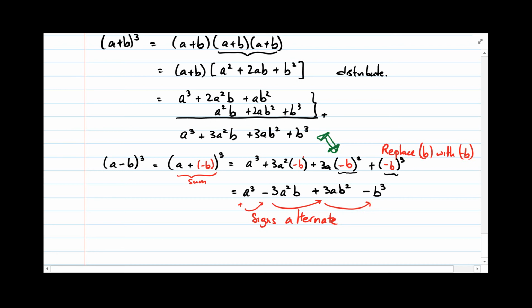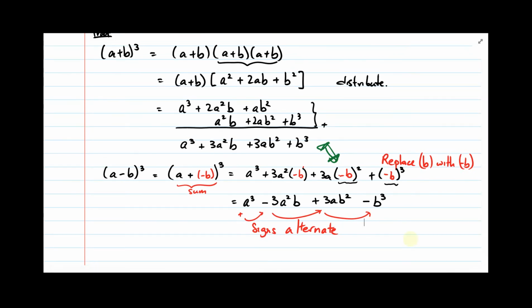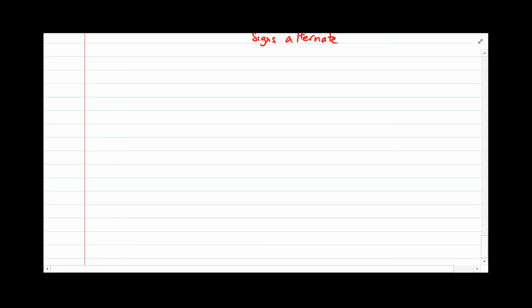So when we're doing the cubes, it's important to just remember, or typically what I do, I just remember the form of the sum, and then recall that the difference will just have an alternating sign, always starting with a positive.